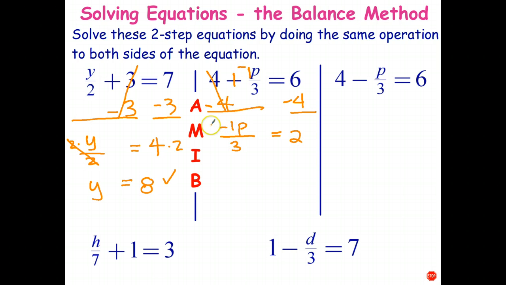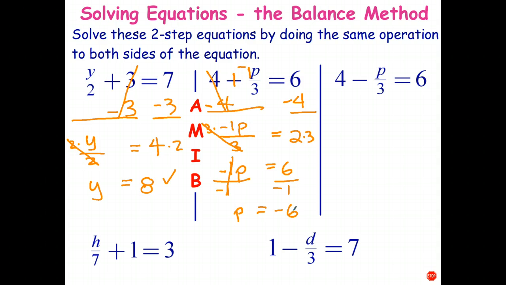What I'm going to do is multiply by 3 using my little rule that I like to get rid of fractions as soon as possible. So I get negative 1p equals 6. And then finally divide by negative 1. And 6 divided by negative 1 is negative 6.